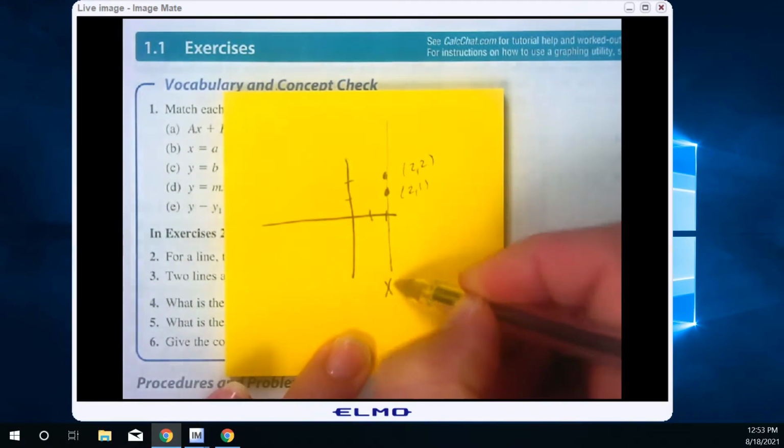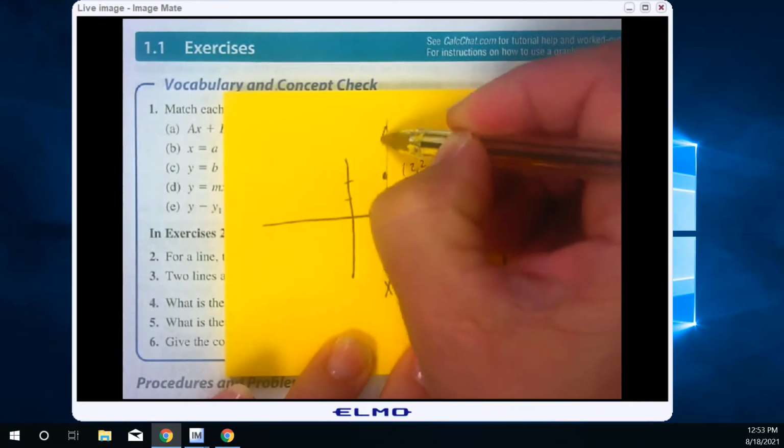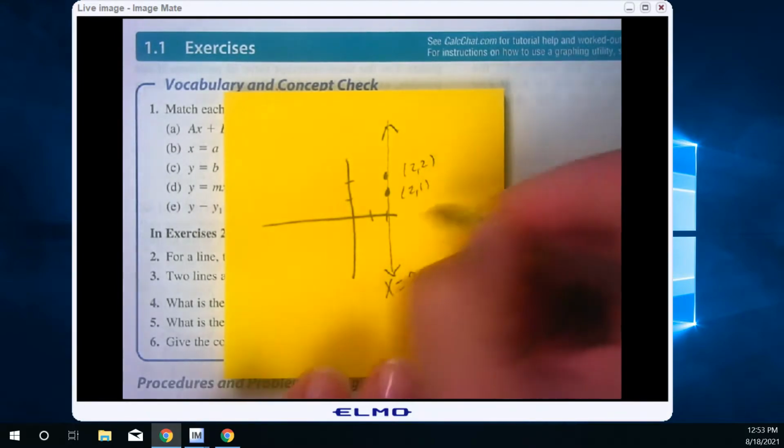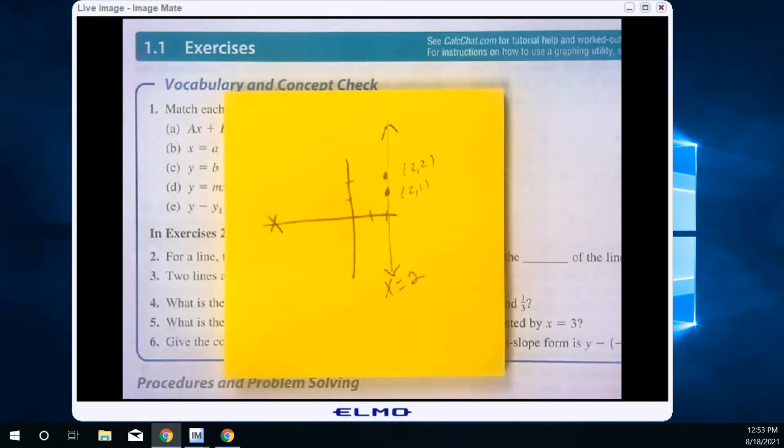So the equation of the vertical line is x equals 2. That is a common mistake for students because the x-axis is this one. But what is the equation of the x-axis? y equals, what are all of the points on the x-axis?